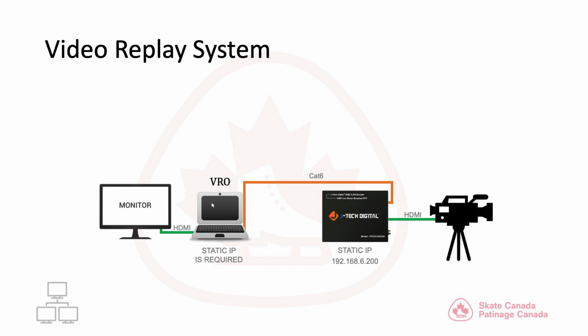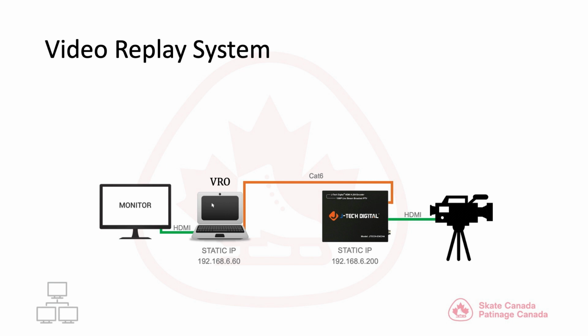Therefore, in this configuration, we would need to assign a static IP address to the VRO laptop that also belongs to the 192.168.6 subnet. Otherwise, the two devices would not be able to connect to each other. So, for example, we could use 192.168.6.60.